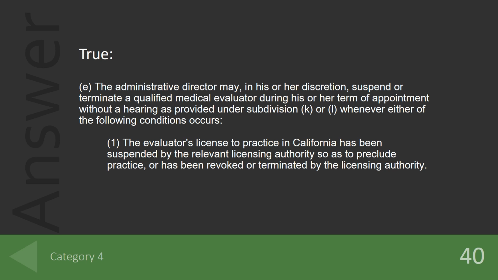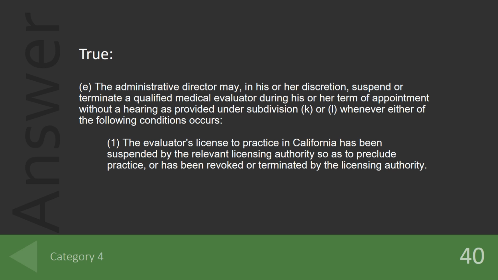But suffice to say that you are required to be good boys and girls and model citizens and above legal transgressions, even in your personal life, in order to be able to continue to do your work as a licensed professional and also as a qualified medical evaluator. So I hope that point has fallen on fertile ears.